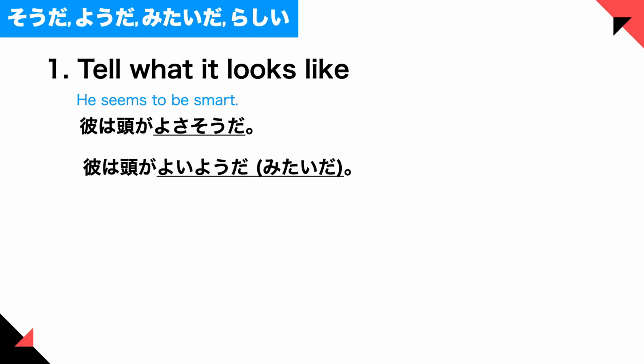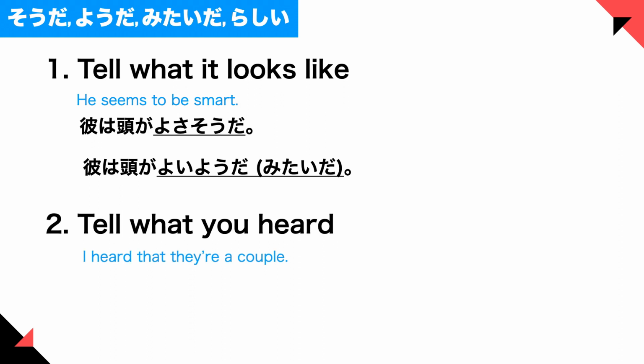Or, you can use ようだ or みたいだ and say 彼は頭が良いようだ。Or, 彼は頭が良いみたいだ。みたいだ is more for speaking, casual, and ようだ is more towards the writing or formal.